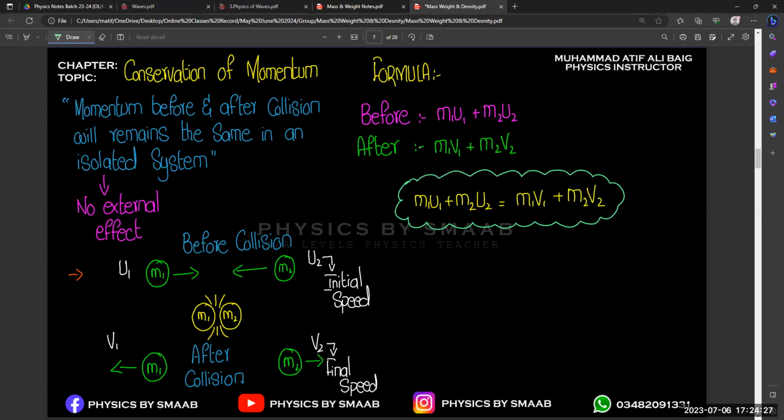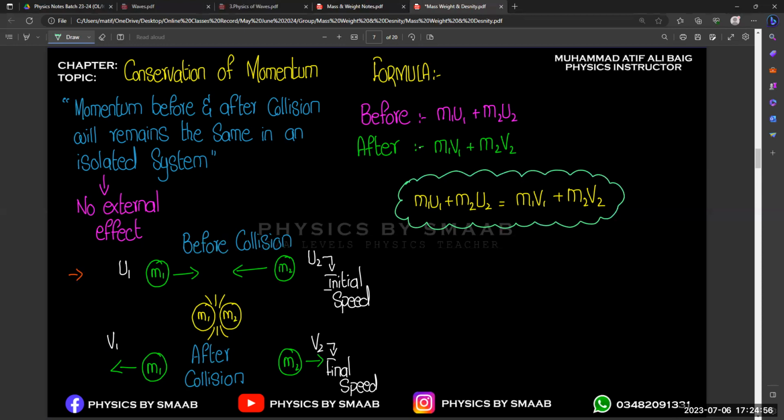Let's suppose we consider the example of a snooker. When we strike a white ball, initially the white ball is at rest, and if the white ball is going to hit a red ball, the red ball is also at rest. But when we strike the white ball, the white ball is in motion but the red ball is at rest, right? And when the white ball collides with the red ball, both balls will start moving in different directions.